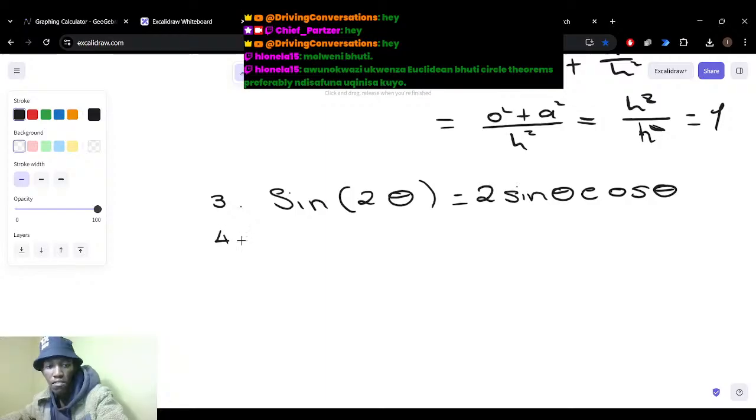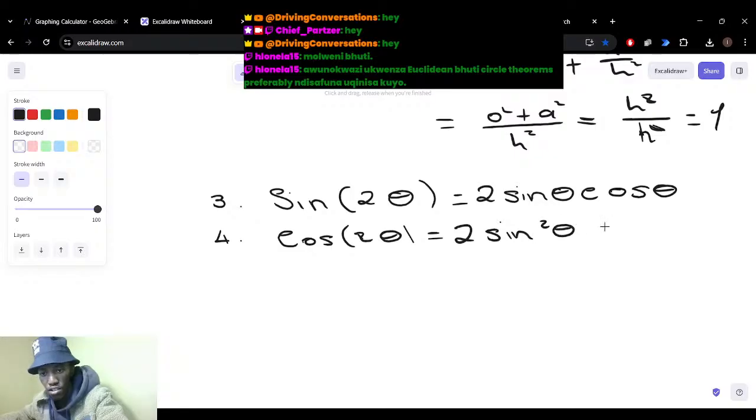Perhaps you're going to cover a proof here tomorrow. Then it's cos 2 theta. Now with cos 2 theta, it's equal to 2 sine squared theta minus 1, or equal to 1 minus 2 cos theta.